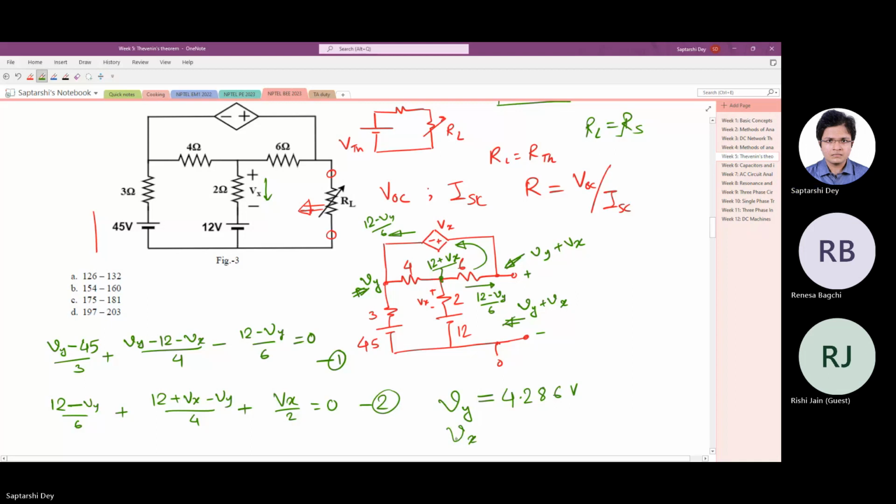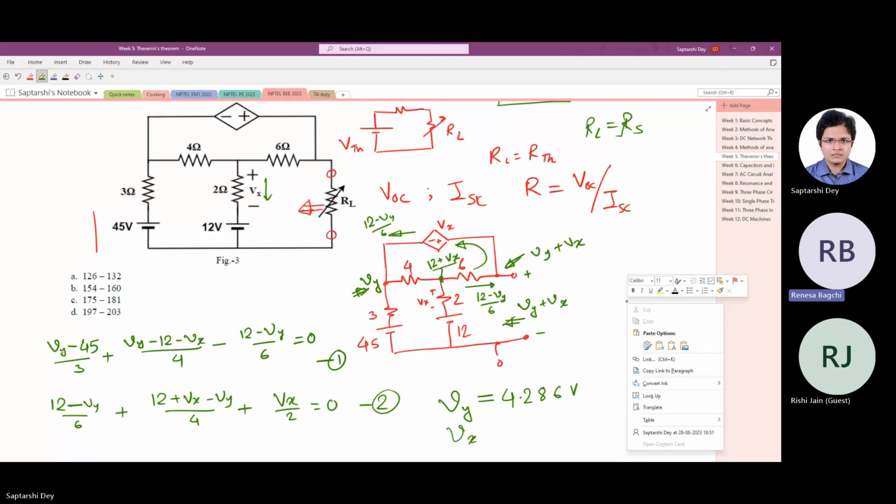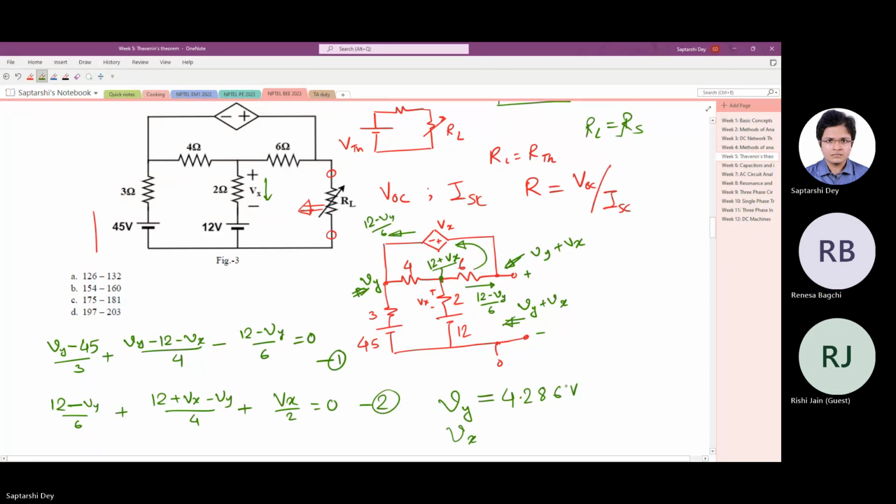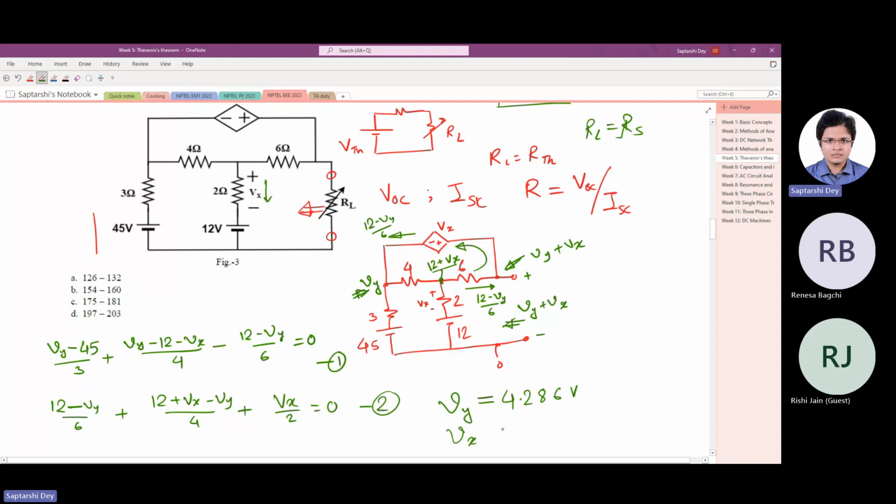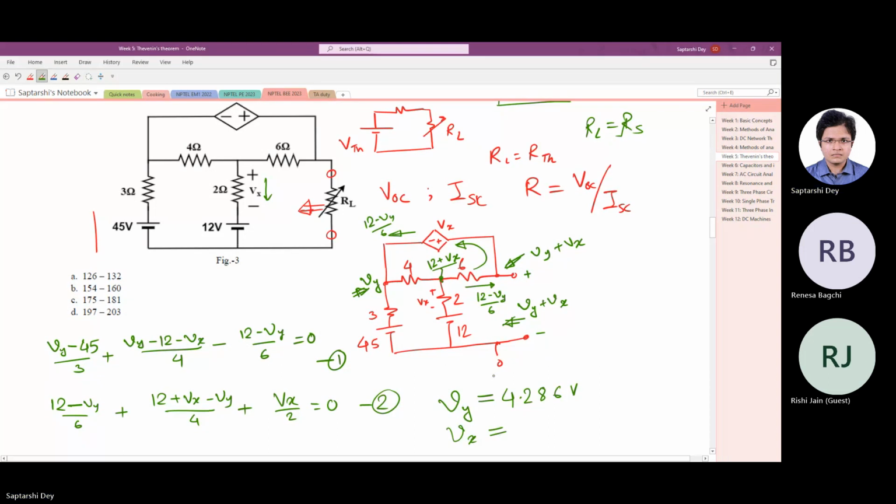It will take you more time. It's 107 by 25, which is 4.29. Okay. And what is the other one?